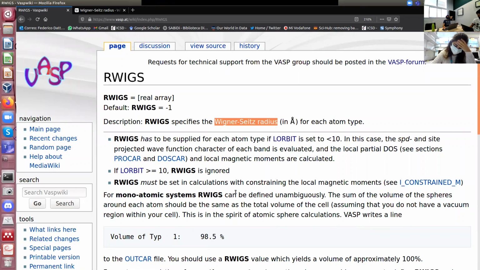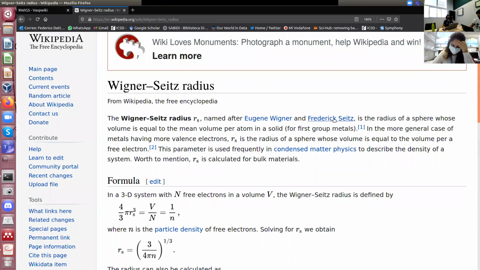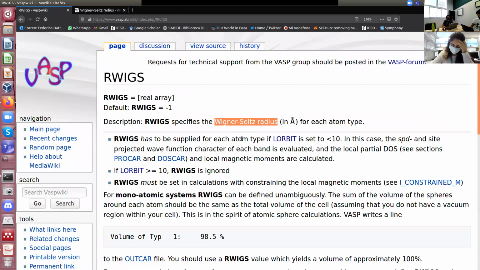In the sense that you are giving an extra parameter to your simulation, defining what this radius should be, so that they have a better idea of where the electron should be, let's say. But it's not a parameter that is straightforward. I never use it again in my life. Okay, so that is just the point.